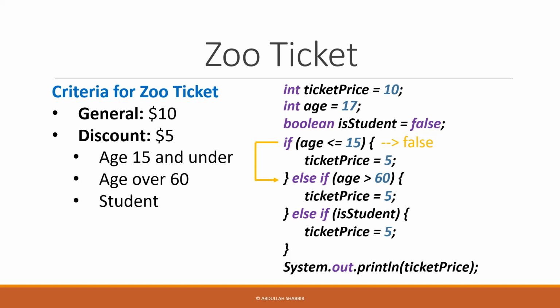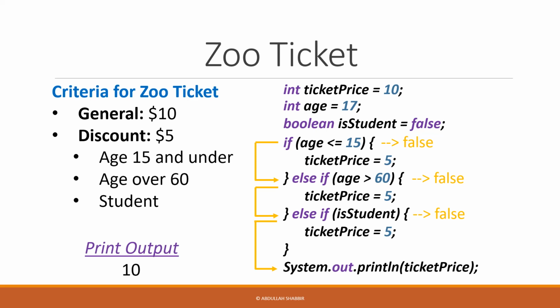As 17 is not greater than 60, this evaluation will also be false, and Java will again go down. Now Java will check the last else if, which is whether the student variable is true or not. In this case it is not true, so again Java will evaluate it to false, and it will go down and print 10 because no discount was applied.